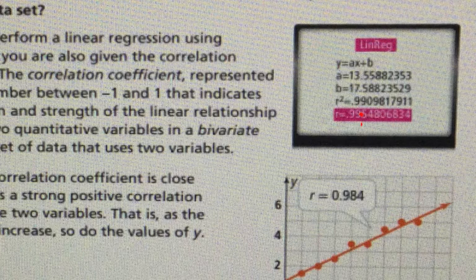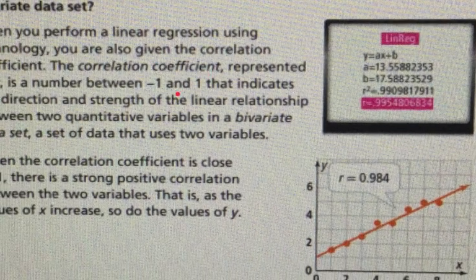Okay, so first thing that the number tells us is the direction of our line. So if the correlation coefficient is a positive number, then that means our line of best fit has a positive slope. So when you look here, this line is going up, right? Has a positive slope.